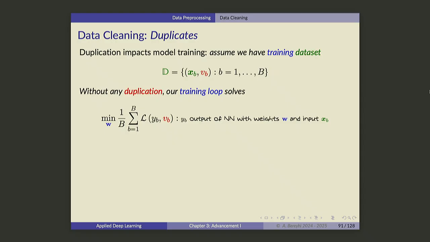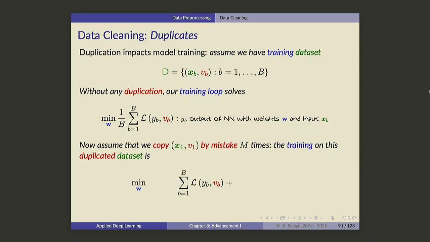So instead of taking the expectation of the loss, which was the true risk, I am averaging over the samples I have. If those samples really represent the data distribution, then this average is roughly a good estimator of that expectation. But what's going to happen if I have m duplicates of one particular sample? Say I have x1, y1, and by mistake I copied it m more times inside my data set.